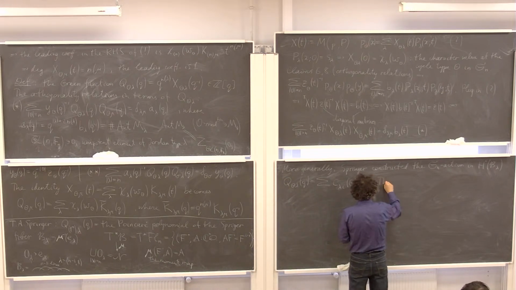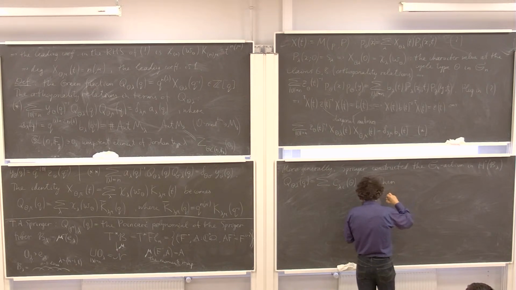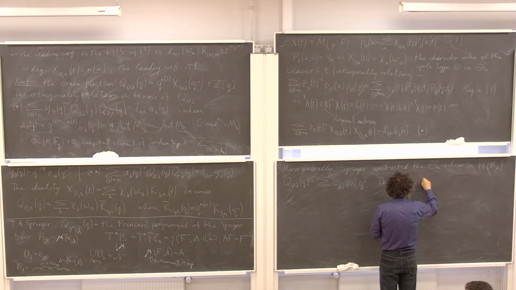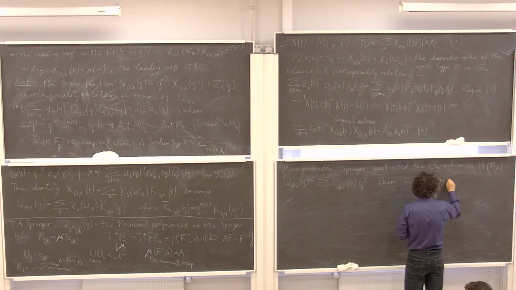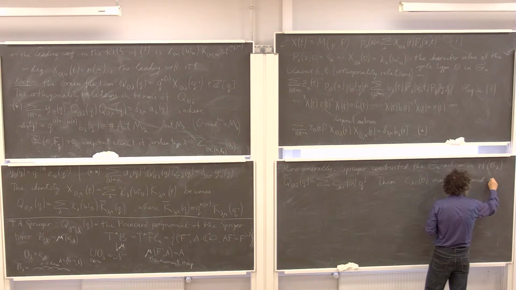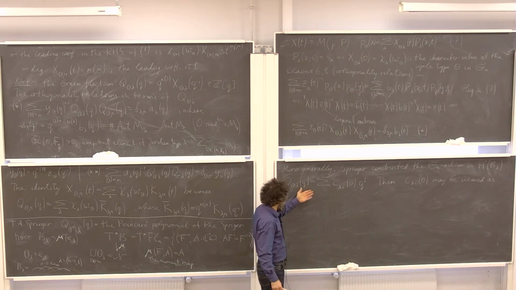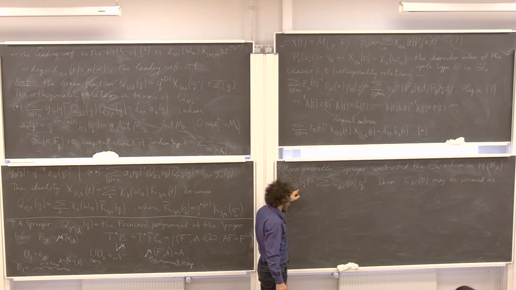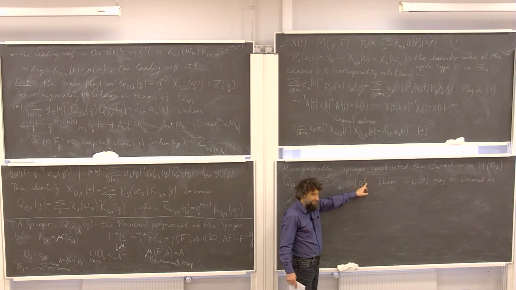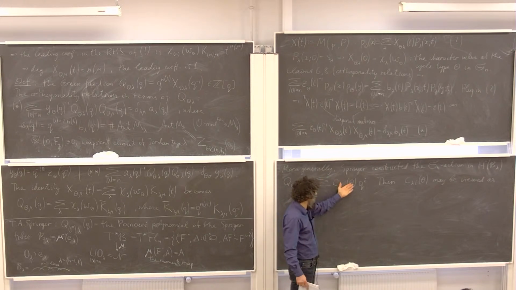Then this C_{lambda,i}(theta) may be viewed... Well, this is a polynomial in q, so it has coefficients indexed by non-negative integers. These here are those coefficients.